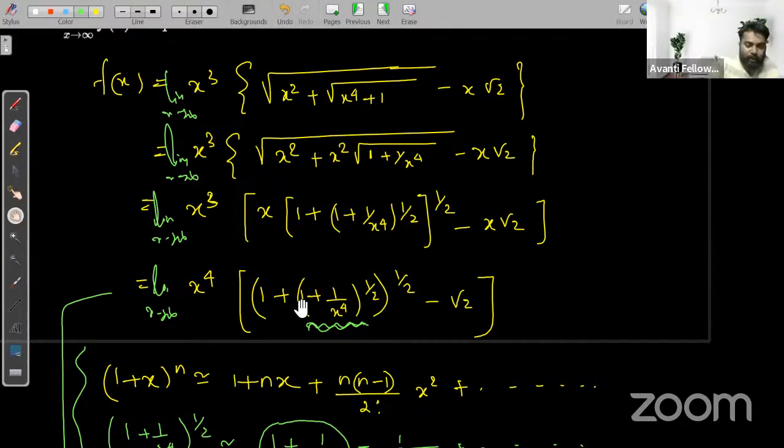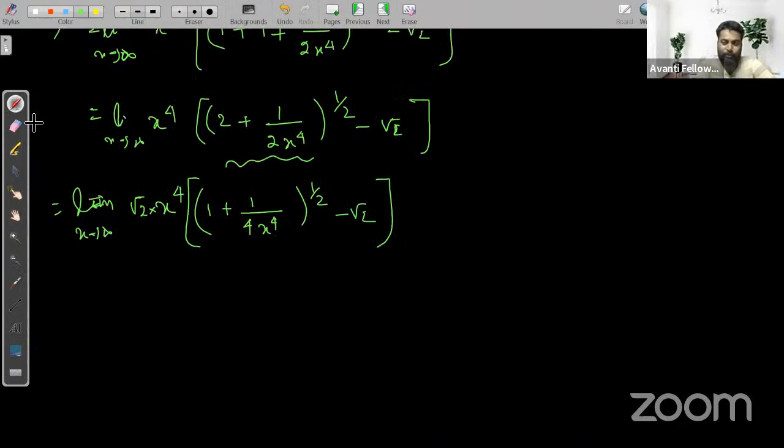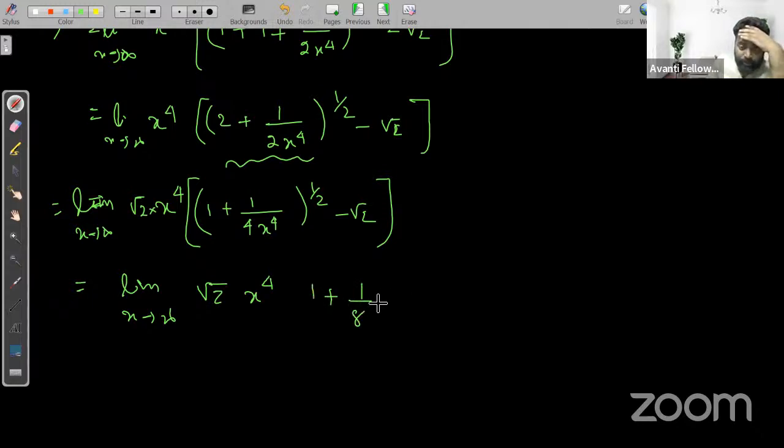Let's see. Here you can observe. Now you can use the binomial approximation here. So this becomes limit x extending to infinity, root 2 into x to the power 4 into 1 plus 1 by 8 into x to the power 4, minus root 2.